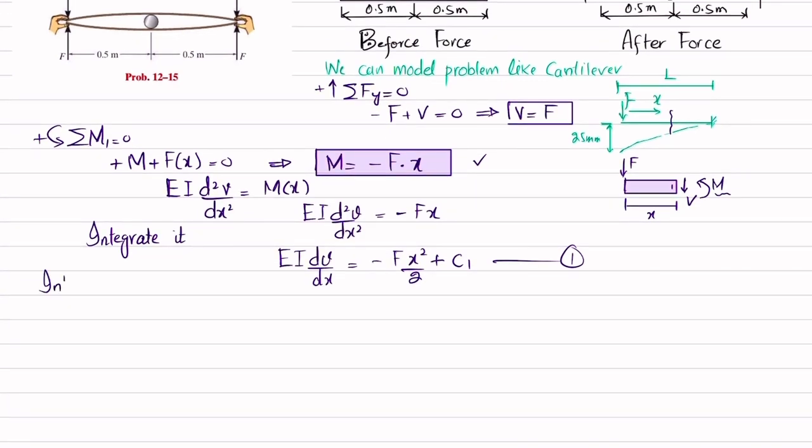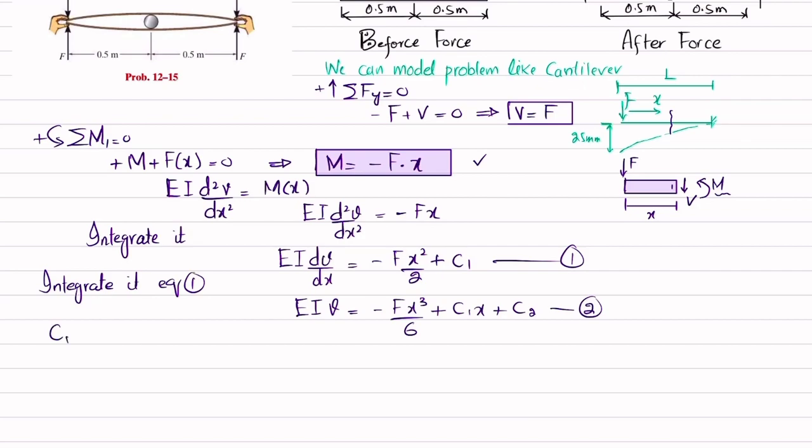Again integrate equation number 1, so you will get EI into v equal to minus Fx cube over 6 plus C1x plus C2, which is a constant of integration. Let this be equation number 2.